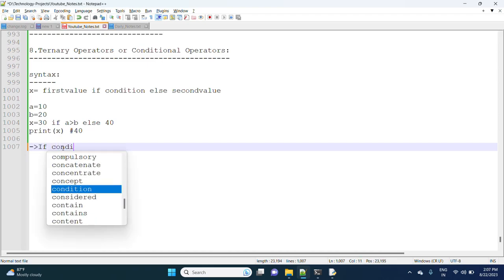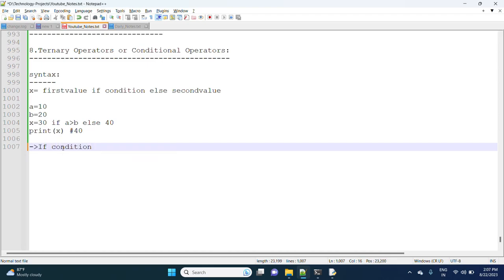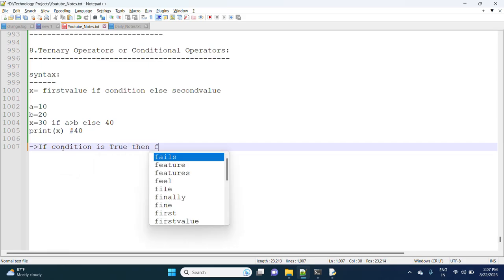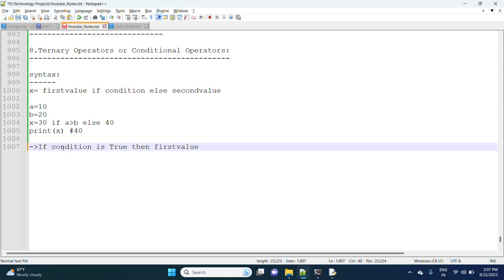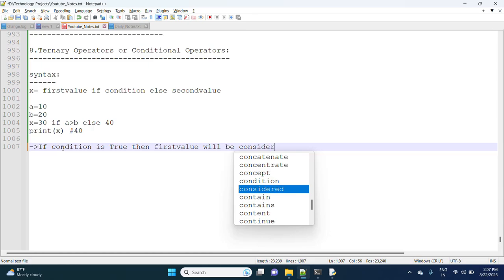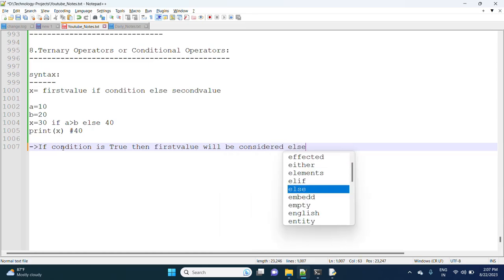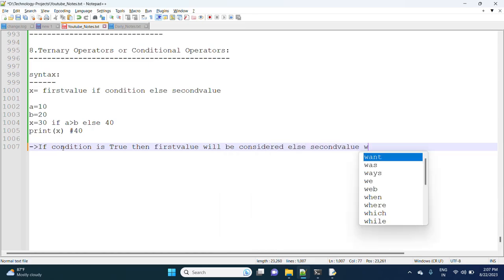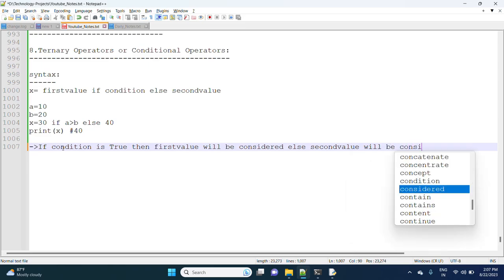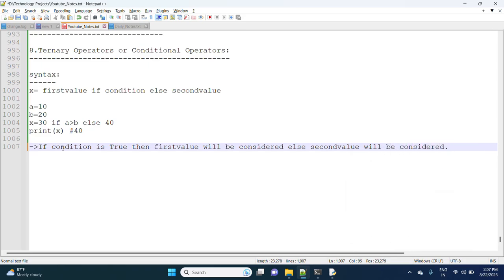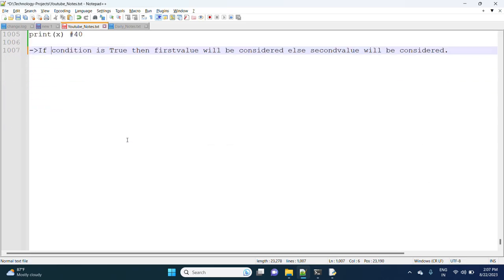If the condition is true, then the first value will be considered, else the second value will be considered. Clear, right?